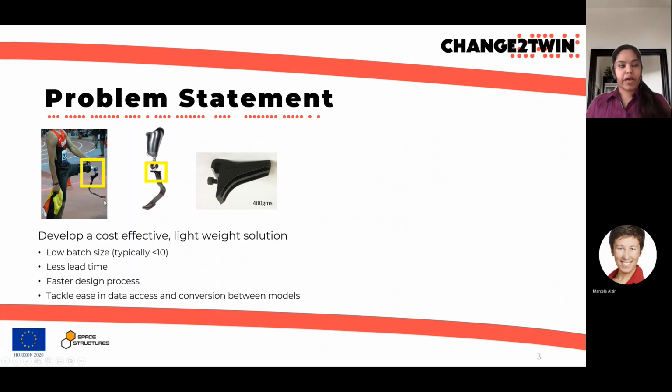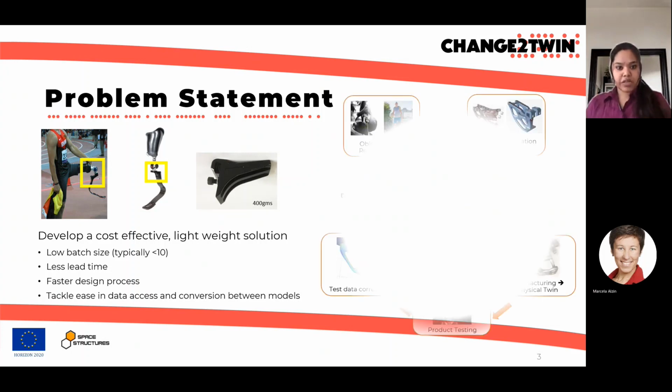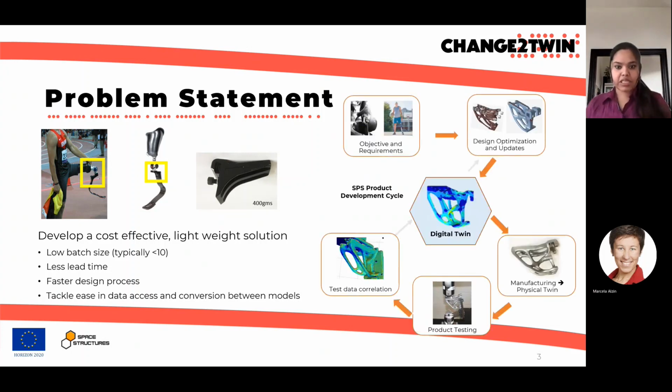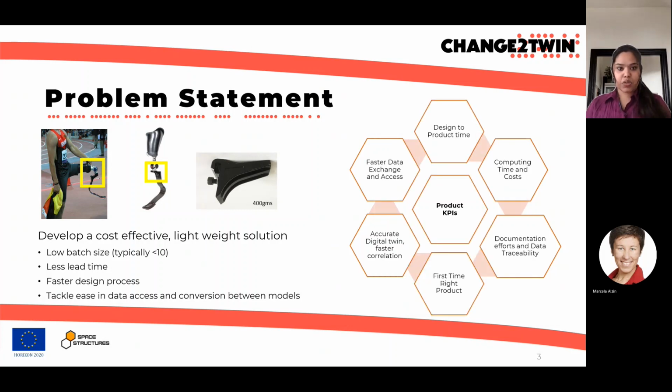Now, these main parameters help us to identify the main KPIs for the product. Here you can see the product development cycle that we usually use. Interlinking the product development cycle to the main requirements, we come across our KPIs, which is what we have in this particular section here.